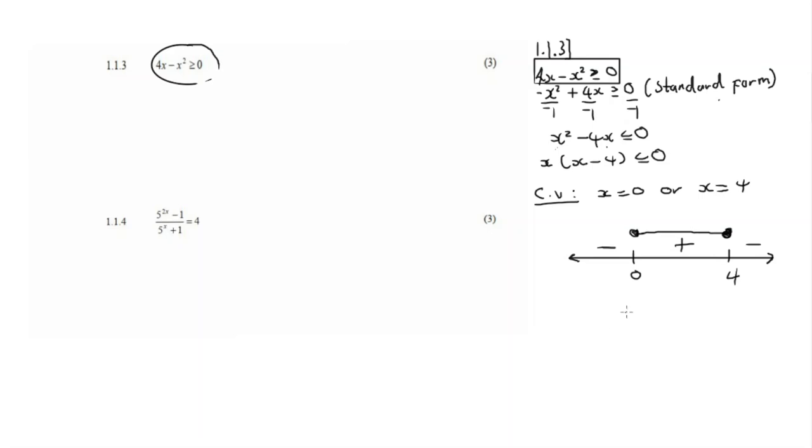So therefore our x values will be between 0 and 4. How can you express your answer? Maybe you can express it as x is an element of 0 and 4, between 0 and 4 with 0 included and 4 included.